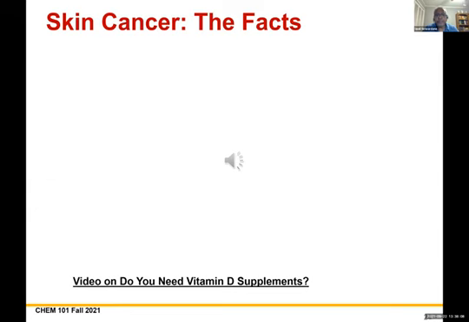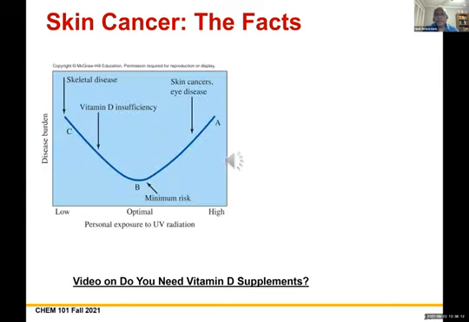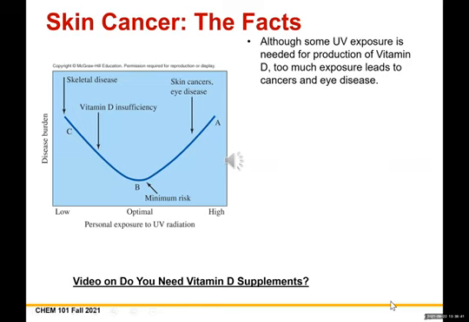Now we're going to talk about certain aspects of UV exposure. Although some UV exposure is needed for production of vitamin D, UV produces vitamin D on the skin that's required for certain metabolic functions.